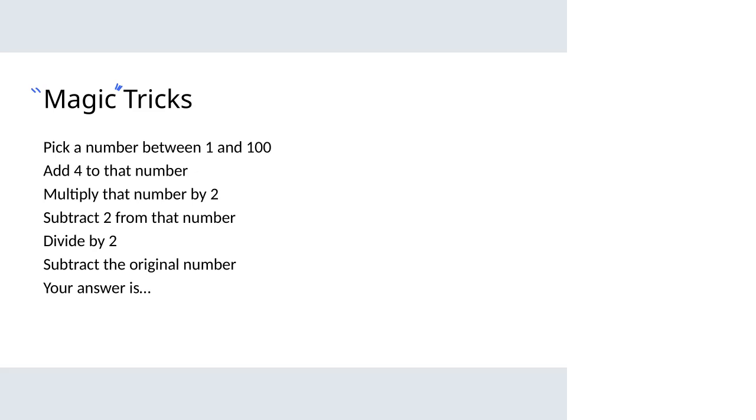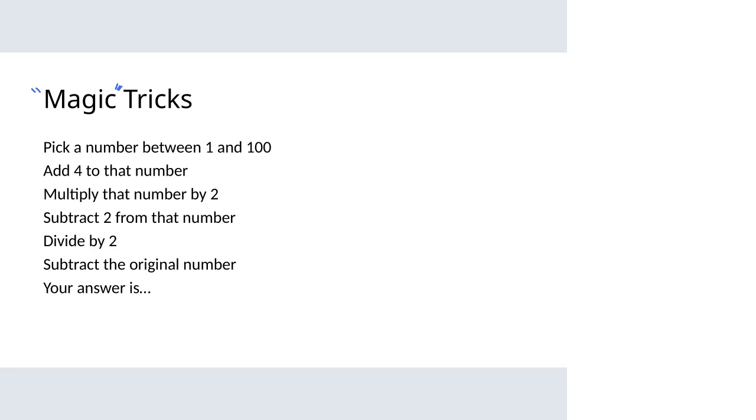And then once you have that, I want you to add 4 to that number. And once you have that number, I want you to multiply by 2. I'll give you a second. If you picked a big number, I don't know if you have a calculator handy or not. And then after you've multiplied by 2, I want you to subtract 2 from that number.